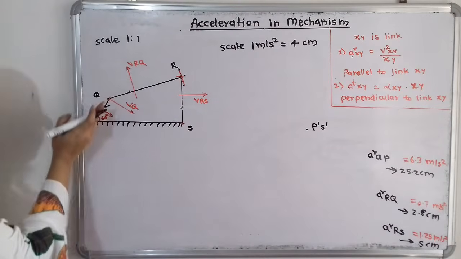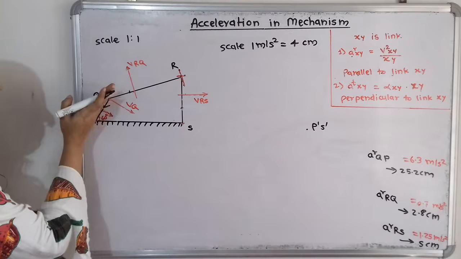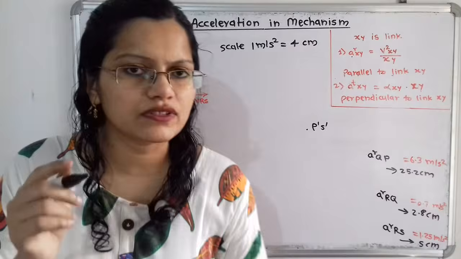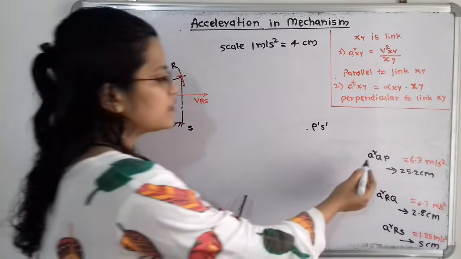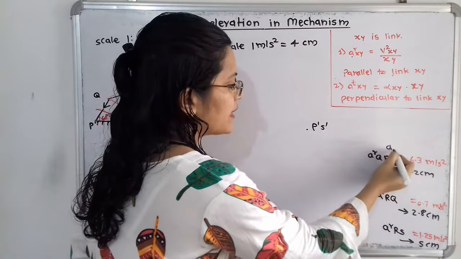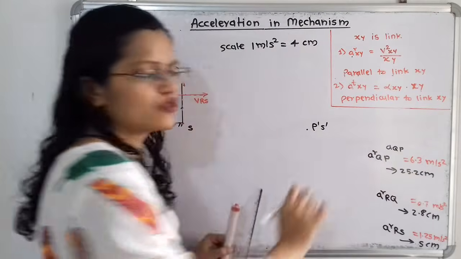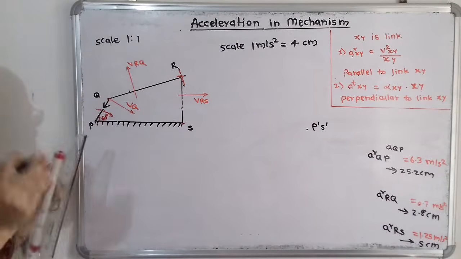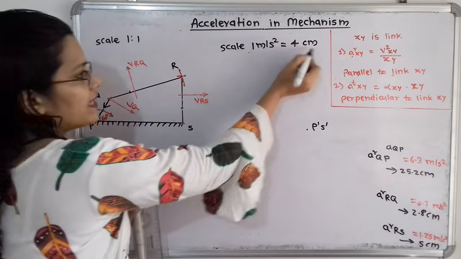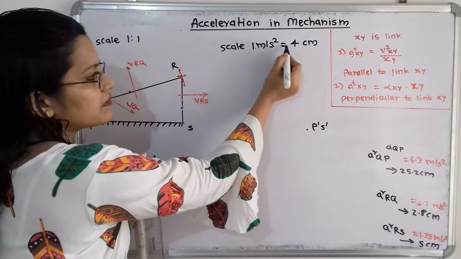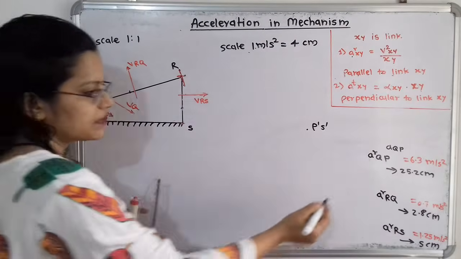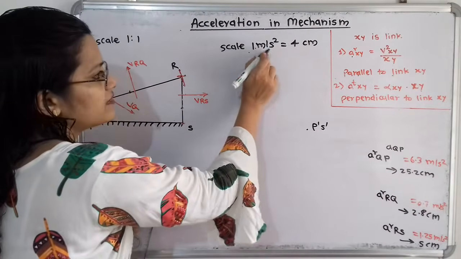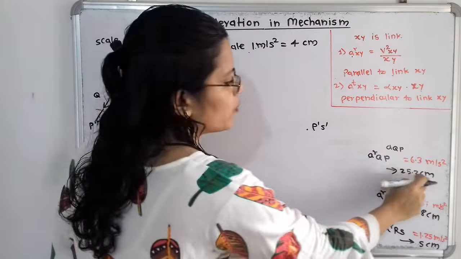Now I will take the line parallel to this link PQ but in the downward direction. I will use the black marker because a^r_QP is nothing but AQP, the acceleration of QP, so we consider this as the total acceleration. Now what about the scale? With this scale, for 1 meter per second square 4 centimeters, a^r_QP is 6.3 meter per second square. So 6.3 multiplied by 4 is 25.2 centimeters.